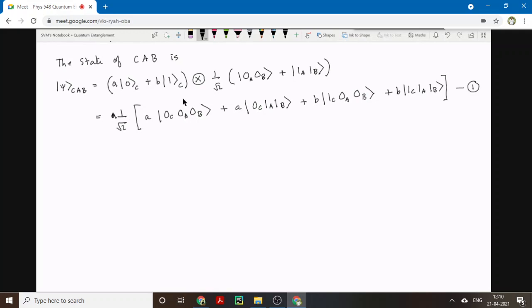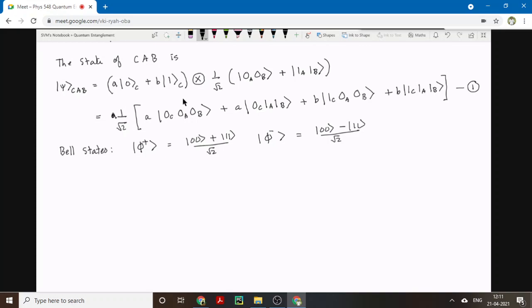Now we have the Bell states. Bell states are given by phi plus is equal to 00 plus 11 by root 2, phi minus is equal to 00 minus 11 by root 2.